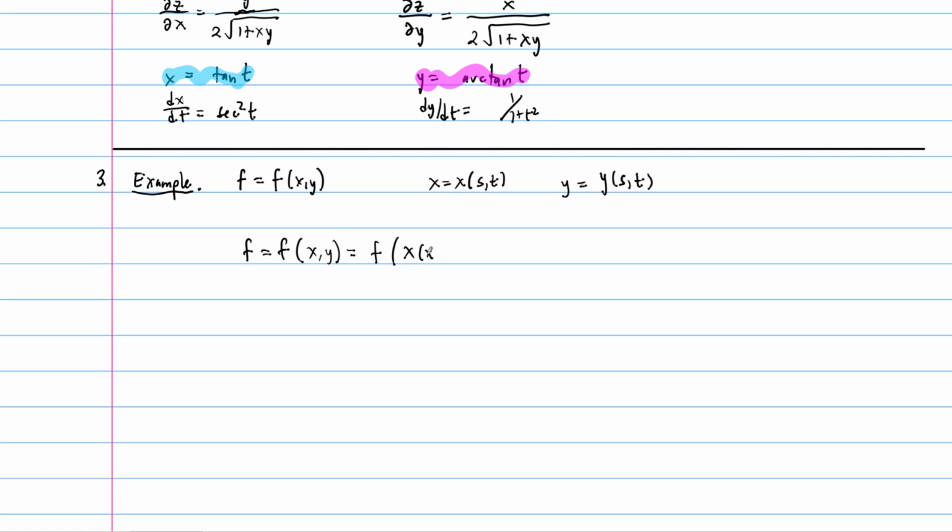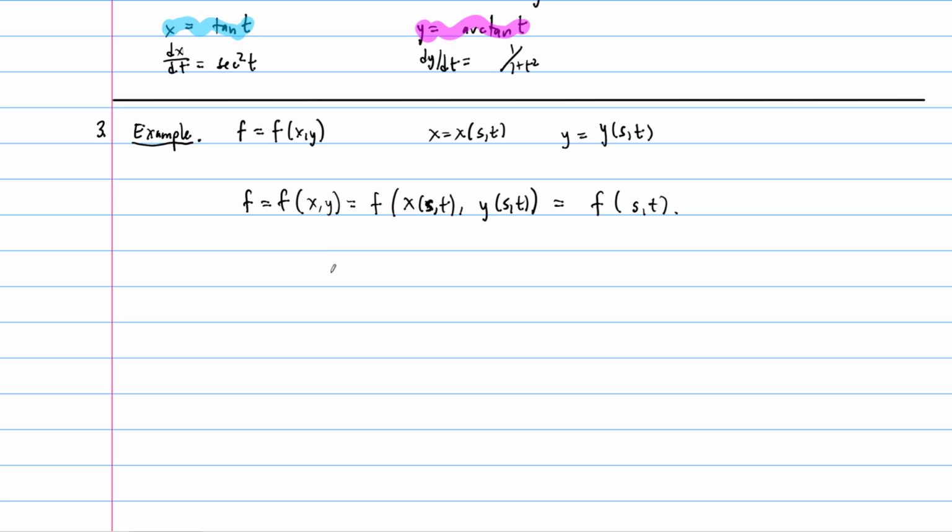So x is actually a function of s and t. y is also a function of the same two variables, s and t. And so we can kind of bypass through those and write this, okay, well then f is a function of s and t. All right, so f in this scenario is still a function of two variables, but they are two different variables than the original. They're not x and y anymore, they are s and t.